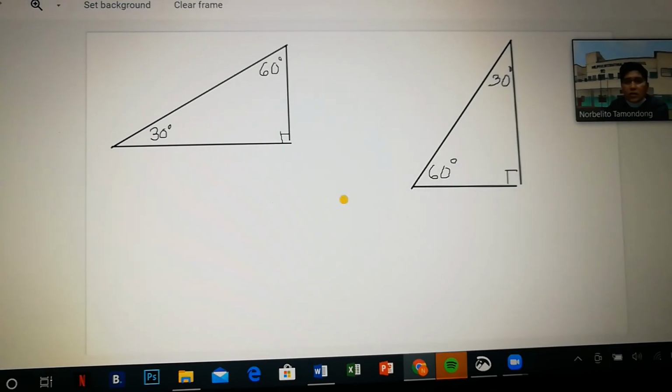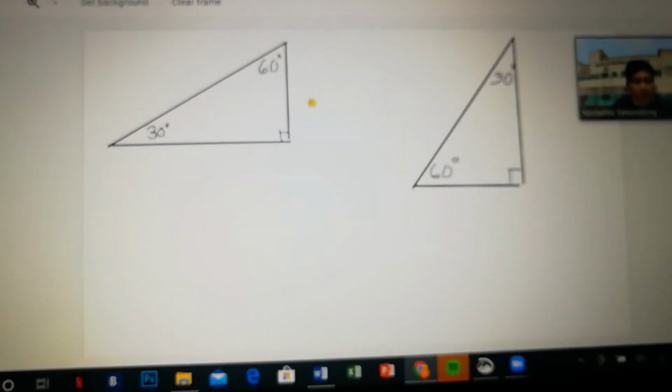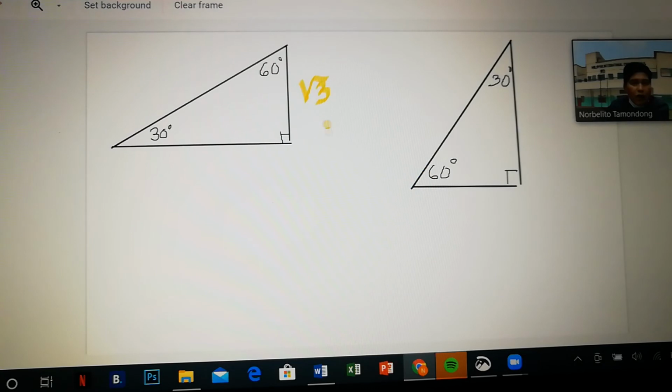Okay, so next, these are 30, 60, 90 triangle. Let's say given this is equal to square root of 3. Okay, the shorter leg. How do you find the longer leg? So just simply multiply by square root of 3. This is square root of 3, the given, times square root of 3.